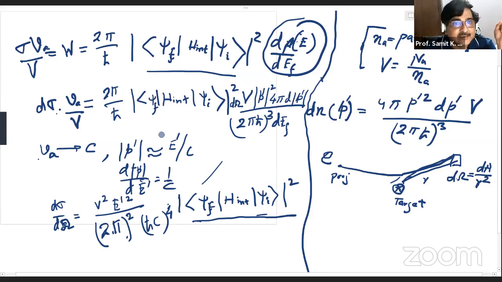So now our next step is to calculate the matrix element. How to calculate the matrix element? So we'll go for the next one. How will we calculate the matrix element?